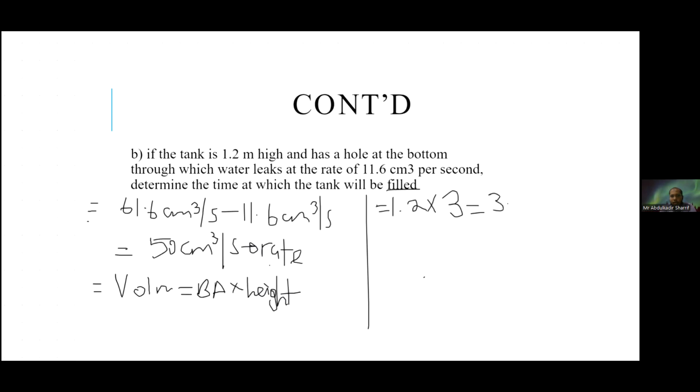So now let's convert this into cubic centimeter, because our rate is in terms of cubic centimeter. So times 1 million, you'll get 3,600,000 cubic centimeter.